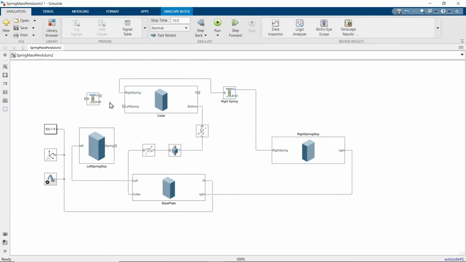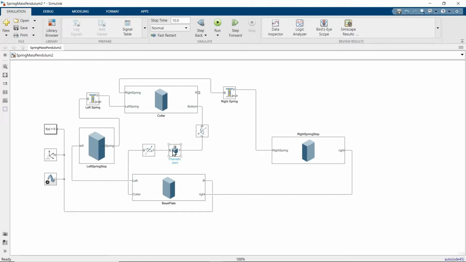And we'll name this one left spring. And we'll connect the follower with the left spring and the base with the stop, left spring stop. And they're both at 100.